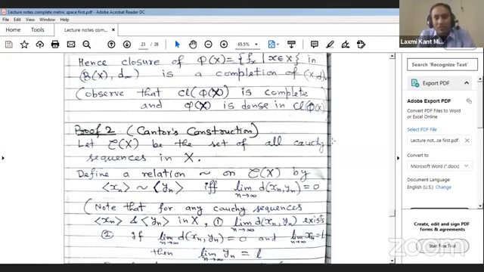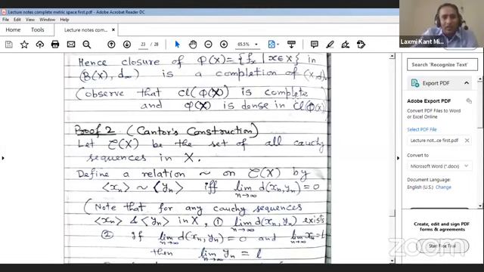Phi(X) is not closed, but the closure of phi(X) is closed, being a closed subspace of B(X), so it is also complete. So we got the completion of X. We are done here.